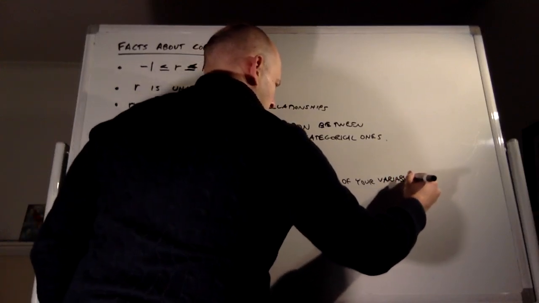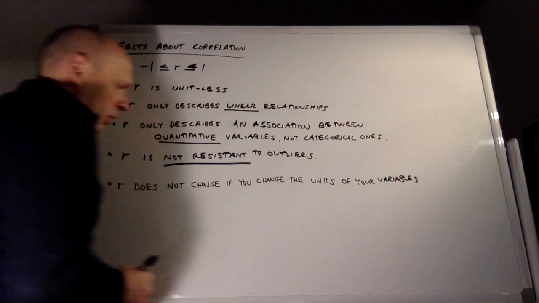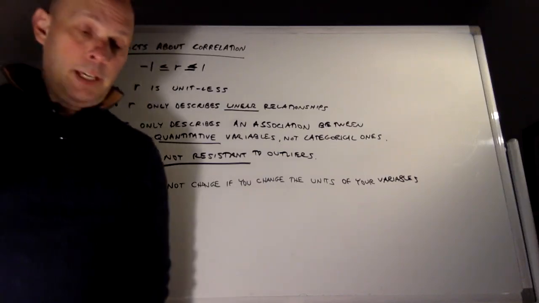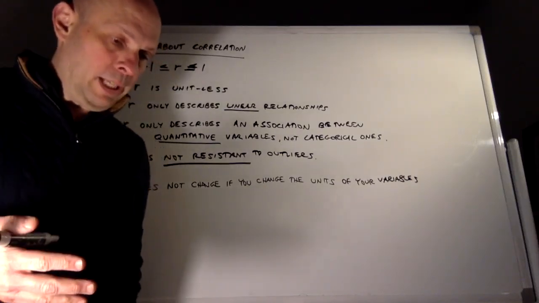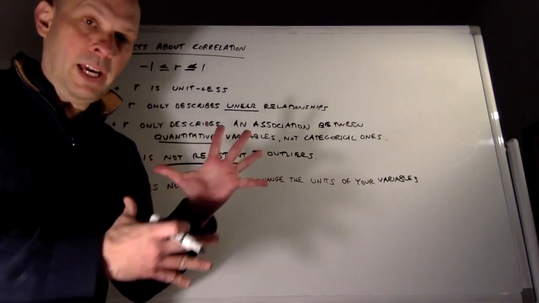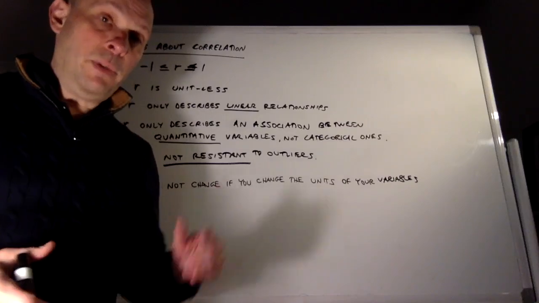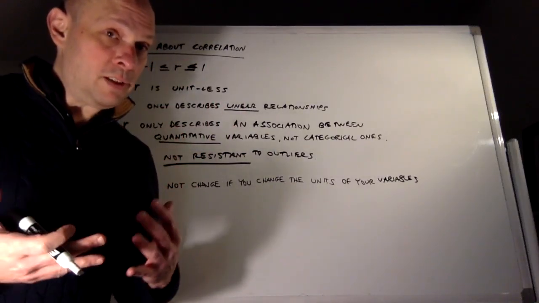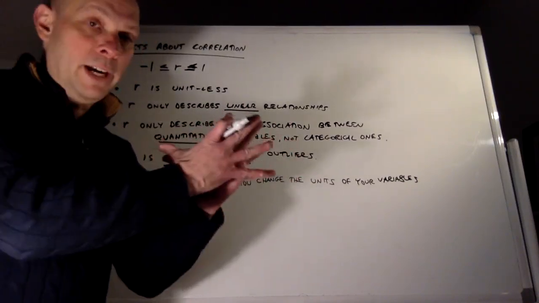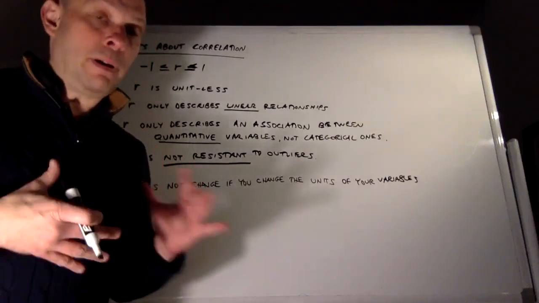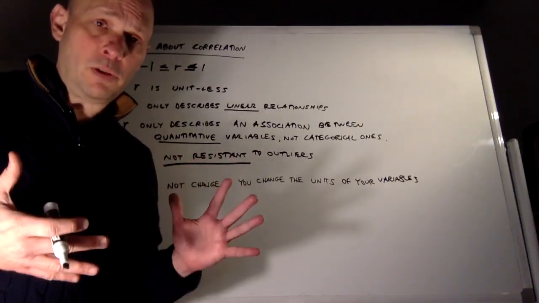And that should make sense, I think. So R does not change if you change the units of your variables. So for example, if we measured, let's say, somebody's span of their hand, like how wide it is, and then measured their height, you would imagine there would be an association between those two things, right? Taller people might have wider hands than shorter people would. So we'd probably see a pretty strong association between those things.